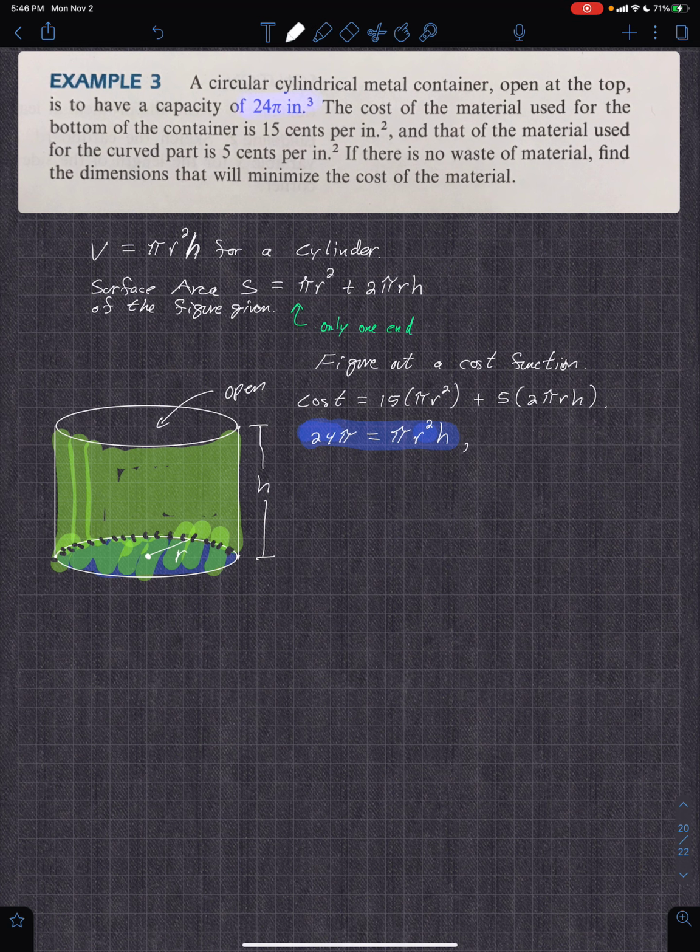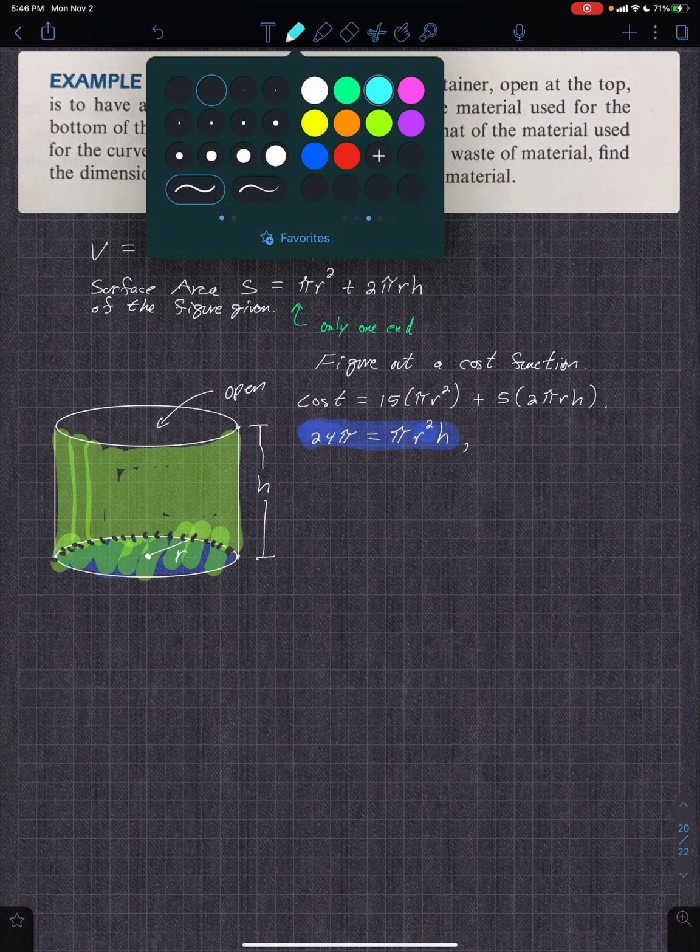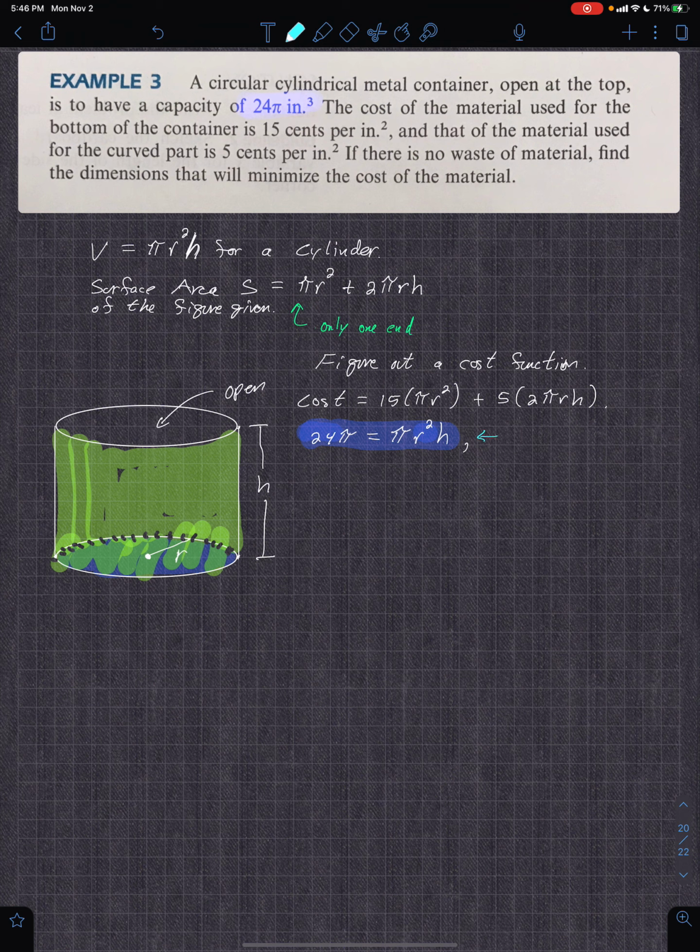So here we have a cost function, but the problem here is we have r and h. But we have this relationship, so this is the relationship of variables.